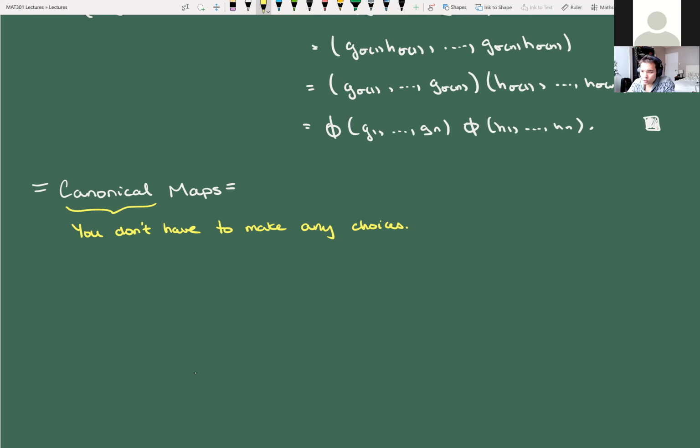There were choices involved in what you did. Canonical things must be choice independent. In some sense, canonical can be thought of as not quite natural, but as being intrinsic. It's intrinsic to the object you're thinking about because you don't have to make any choices at all. Okay, so these are the canonical maps.